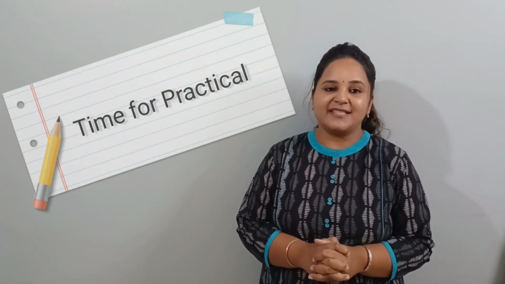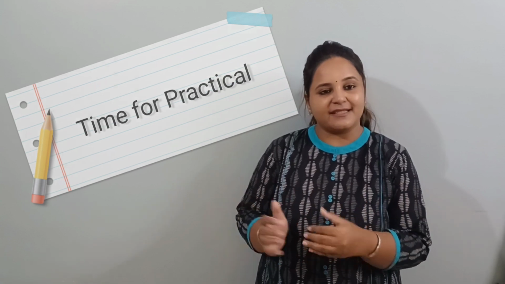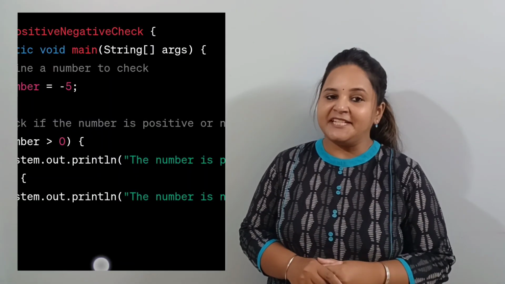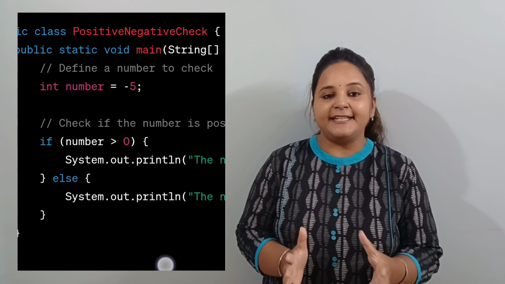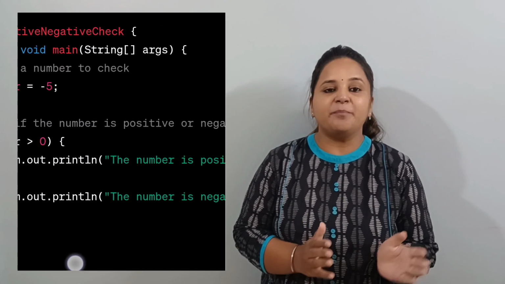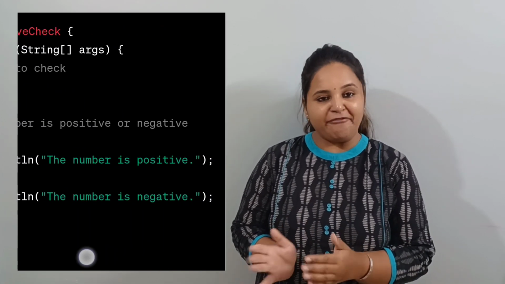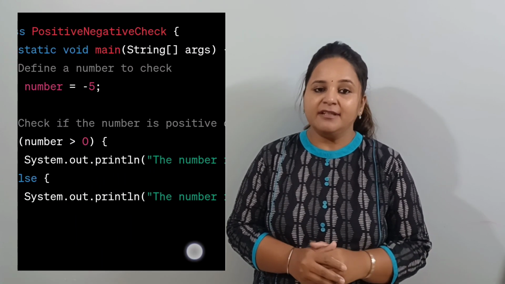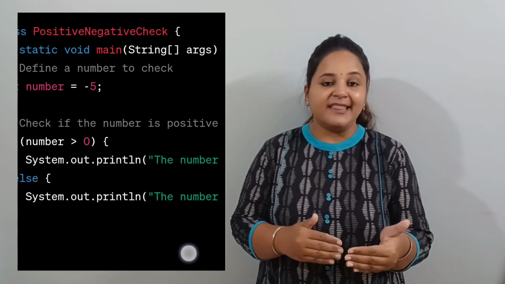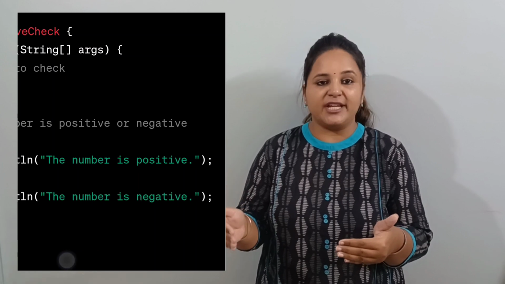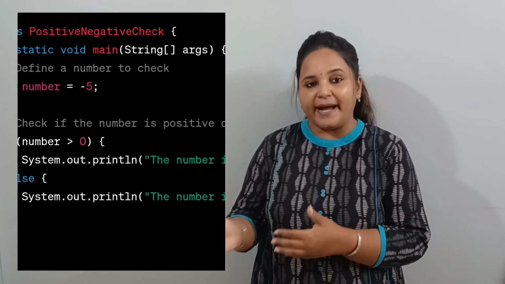Now, armed with all these lessons of coding and after you have seen the digital tree as well as the flowcharts, it's time to translate the theory into practice. So here we see a code running where we validate the user input, which is a practical implementation of if-else in a program, wherein a user gives the input, the condition is checked by the machine, or we say the Java compiler.